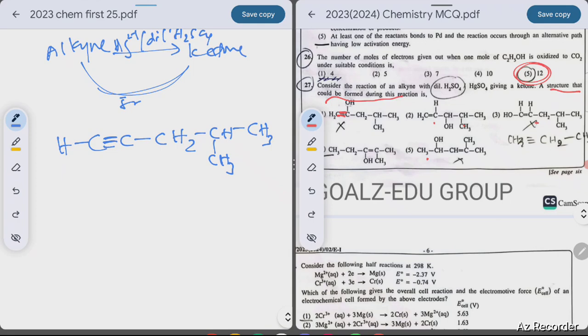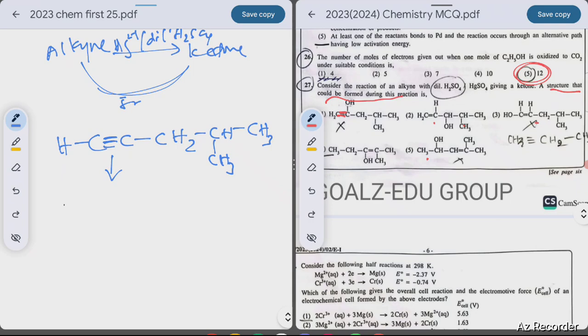Now what happens here is when dilute H2SO4 is added, a water molecule is added. So how can we form this one? You all know that hydrogens are added to the carbon with more number of hydrogens, and to the carbon with less number of hydrogens, the hydroxyl group is added.